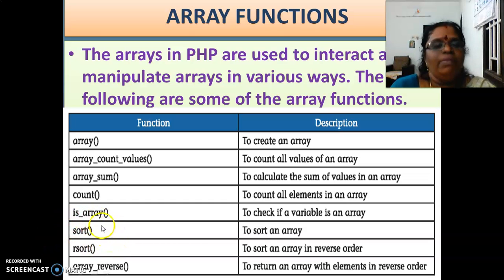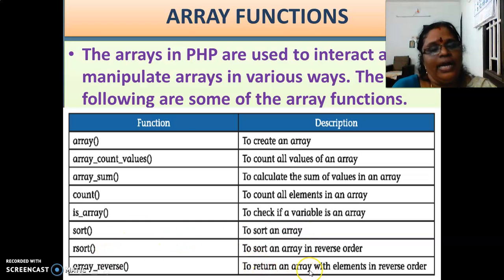So sorting means all the values will be arranged in ascending order. With rsort, the values will be arranged in descending order. Array reverse returns an array with elements in reverse order. Sorting is arranging. Here the given array will simply be reversed, not in ascending or descending order.